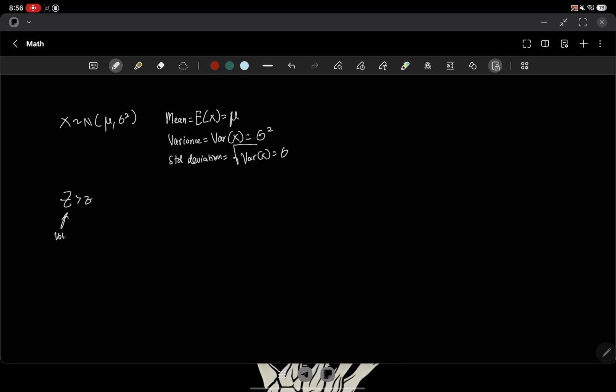This is the value determining question, and this is our value of the z-score. In order to find the z-score, this is the equation.